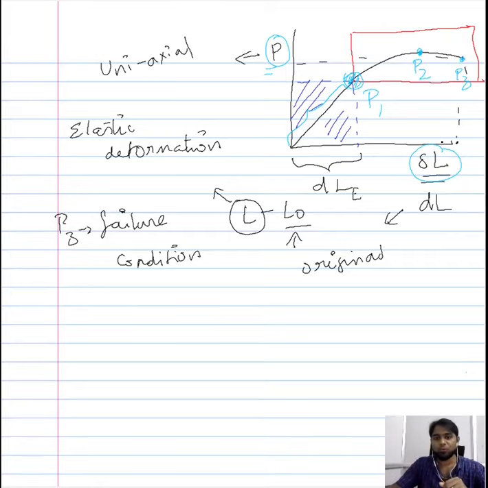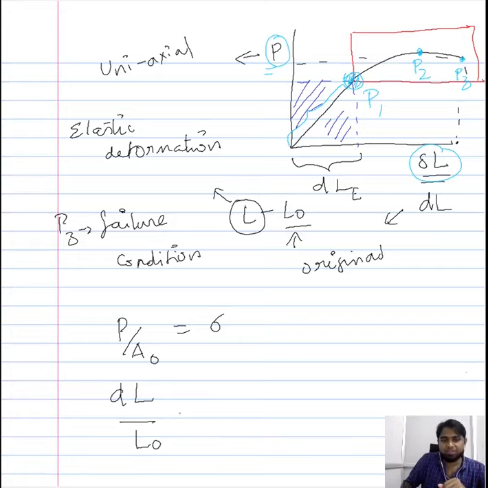So what we did was we normalized the load with respect to the cross-sectional area of the sample, and we called that stress, and we normalized the deformation with respect to the original length of the sample, and we call that strain. So this dL by L0 is nothing but L minus L0 by L0.